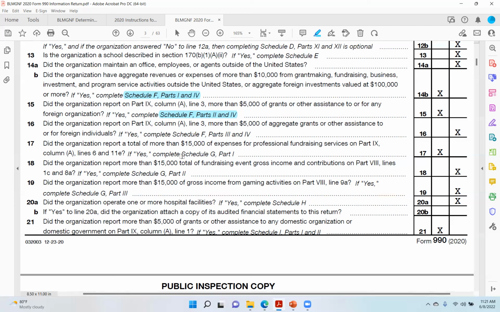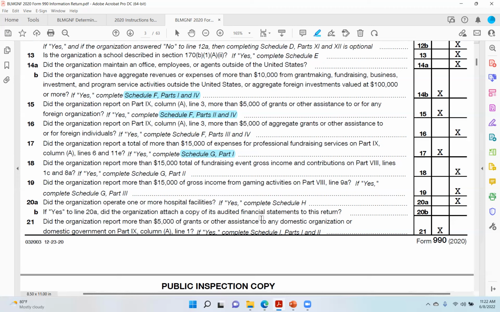They said yes, so we should see a Schedule G, Part 1 in this Form 990. 18, did the organization report more than $15,000 total of fundraising event gross income and contributions on Part 8, lines 1C and 8A? They said no. 19, did the organization report more than $15,000 of gross income from gaming activities on Part 8, line 9A? They said no.